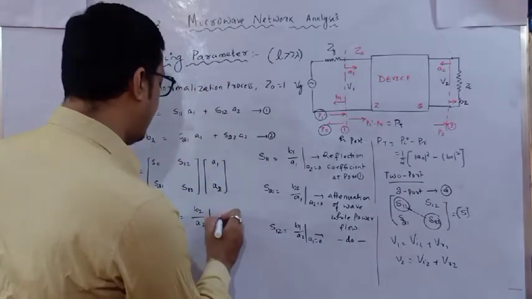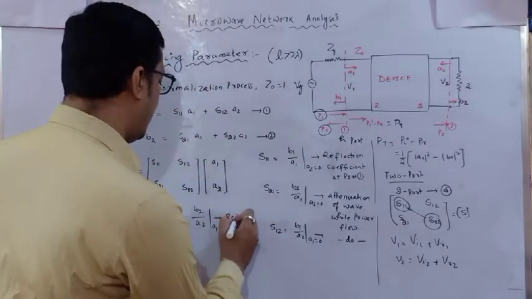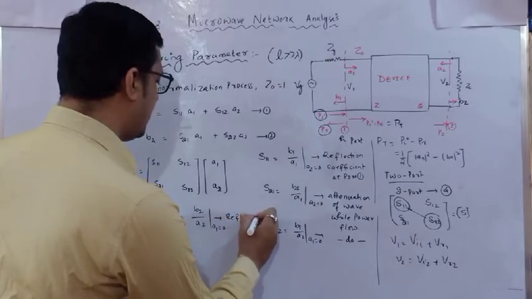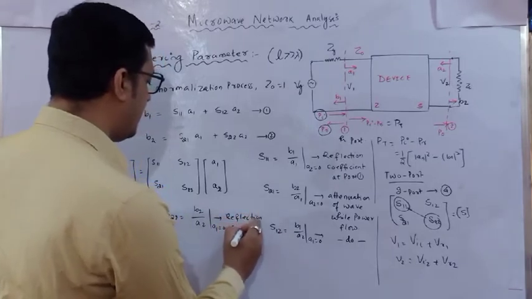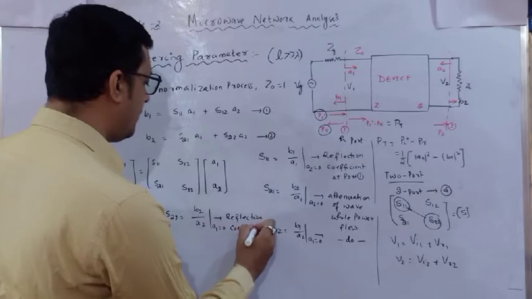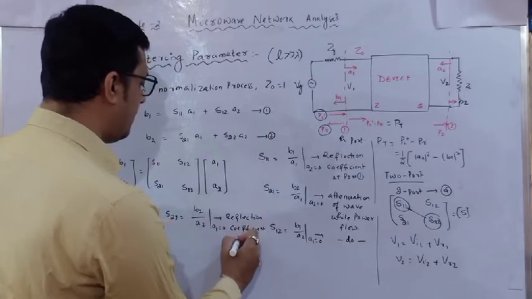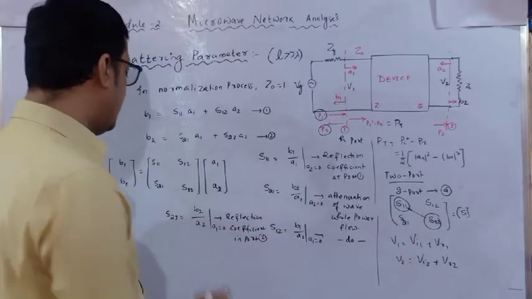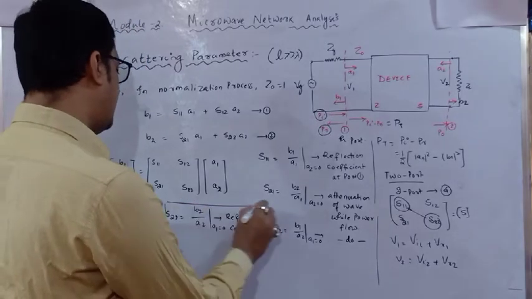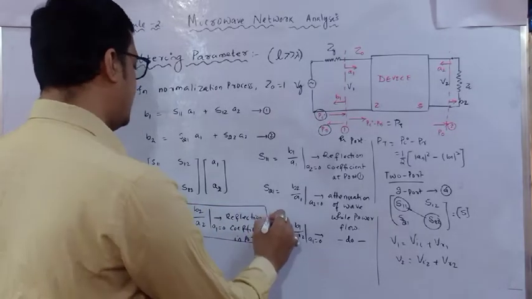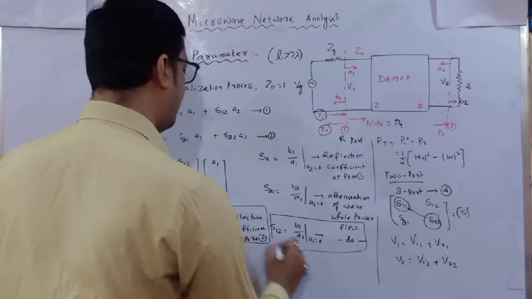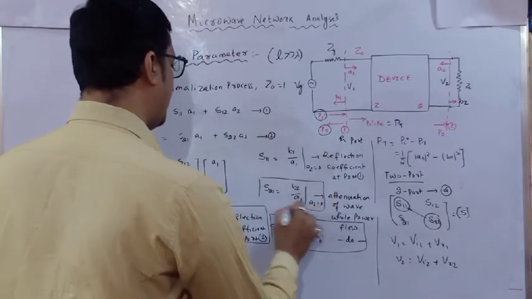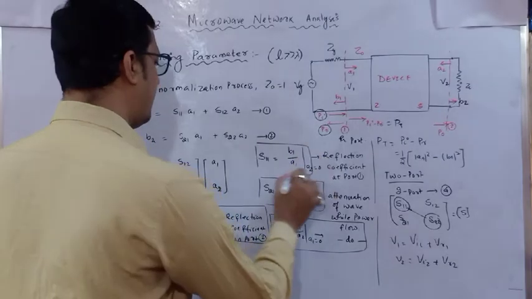So this is called the reflection coefficient in port 2. Okay. So this is one relation, this is one relation, this is one relation, and this is one relation.